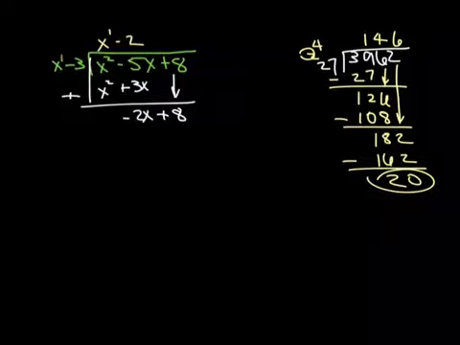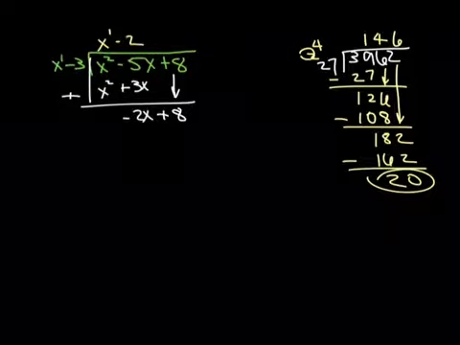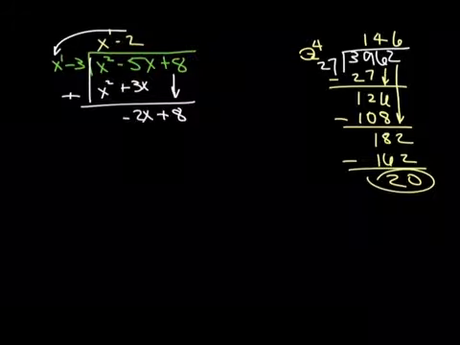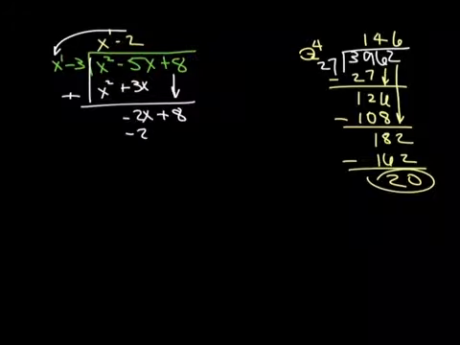Alright, so this goes into this, negative 2 times, which we've already got up there. And we go ahead and multiply. Negative 2 times x is negative 2x. Don't forget your minus sign.